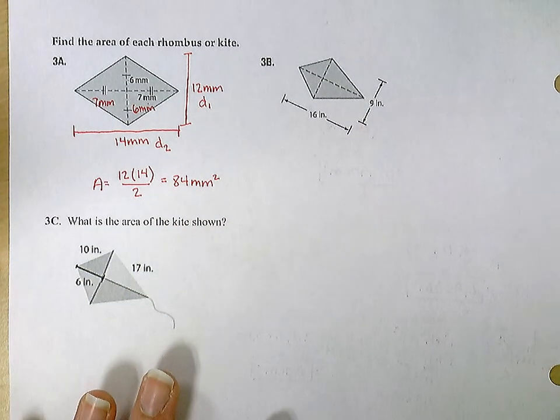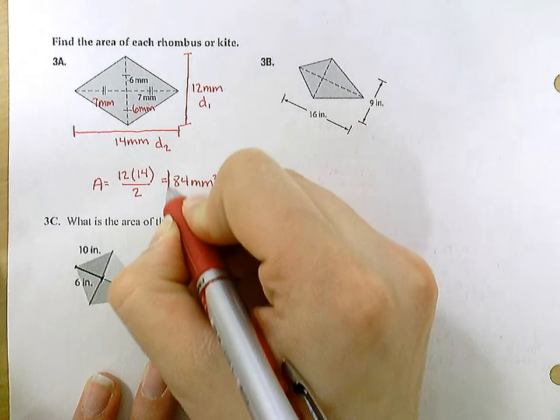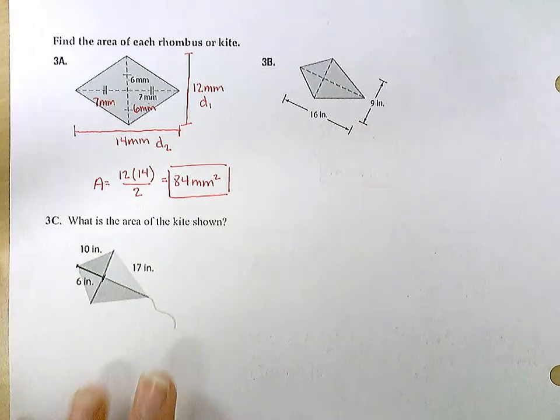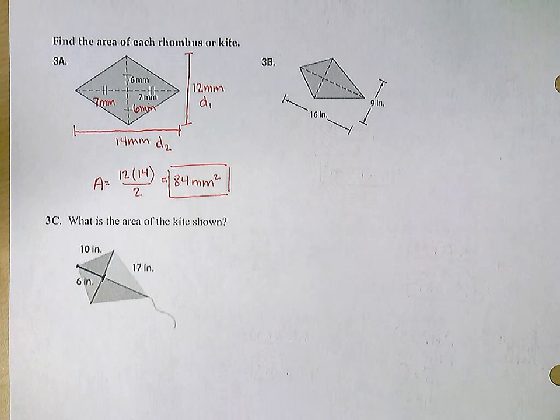I got 84 millimeters squared. Questions on 3A? All right, do 3B.